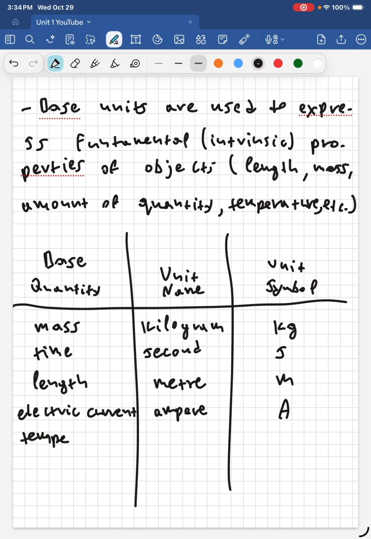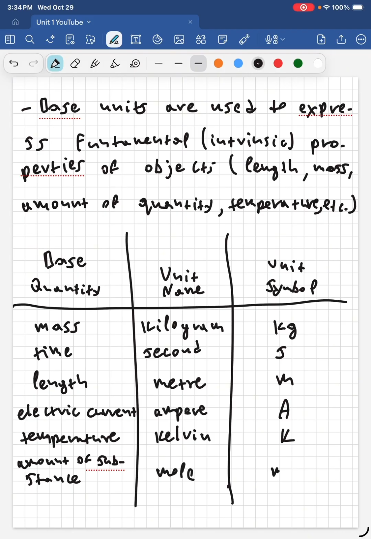Temperature is measured in kelvins, not Celsius, okay? Kelvin, capital K, okay? The amount of substance is measured in, the unit name is mole, and the symbol is just mol without the E. And then the light intensity is measured in a quantity called candela, and the symbol is cd.